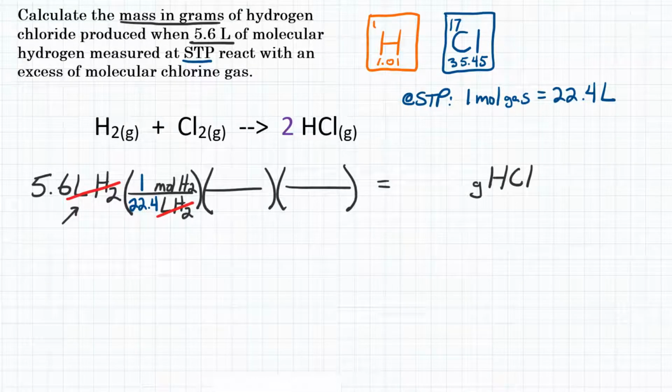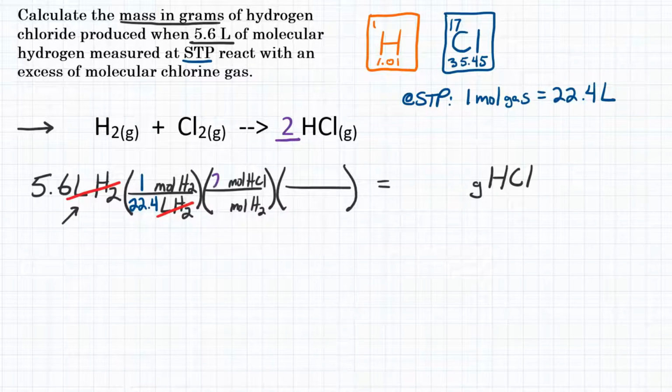So in the second step, we can take those moles of H2 and convert to moles of HCl. So what is the relationship between moles of H2 and moles of HCl? Well, we get that relationship from our balanced chemical equation, where we look at the coefficients in front of each of those compounds. So the coefficient of HCl is 2.